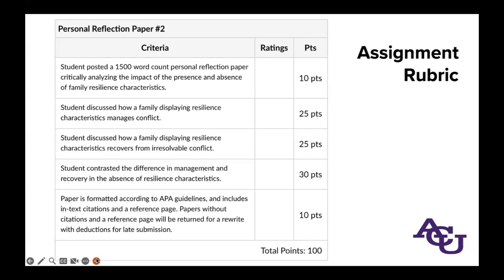And then how does a family display resilience managing a conflict? Those are the really three big ones. You've really got to chew through and come up with the examples using either point by point or block for your compare and contrast.